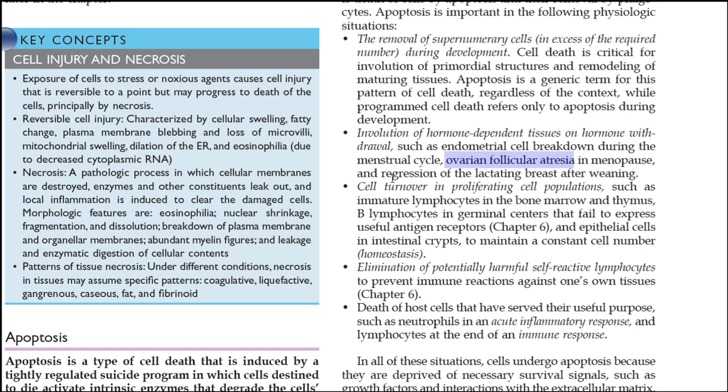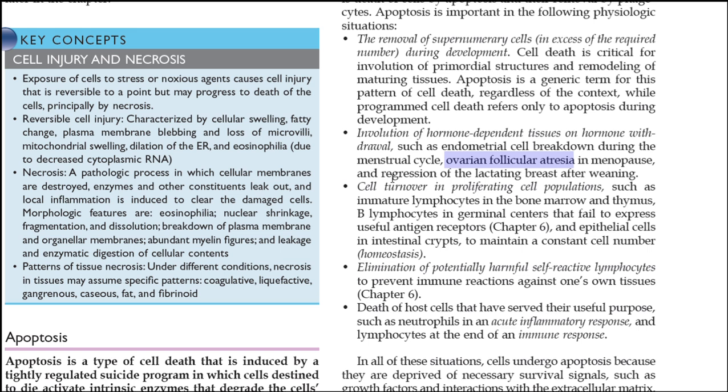During menopause, there is a condition called ovarian follicular atresia. It is nothing but the ovarian follicles degenerating and getting converted into corpus luteum and then to corpus albicans, and it also stops the ovulation process.